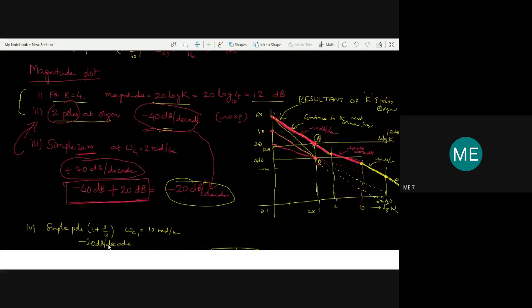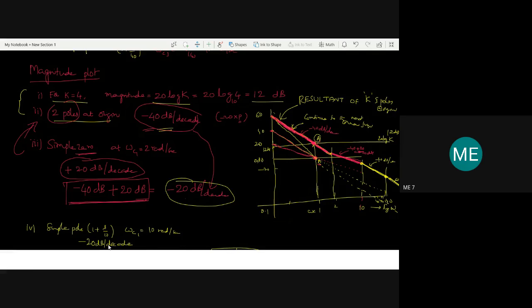This is the line of slope which starts from plus 40 in this magnitude plot. This is the starting point, with the omega equal to 1 line and the 0 dB line as the ending point. This line represents the poles at origin, and 12 dB is the line which represents the 20 log K line.